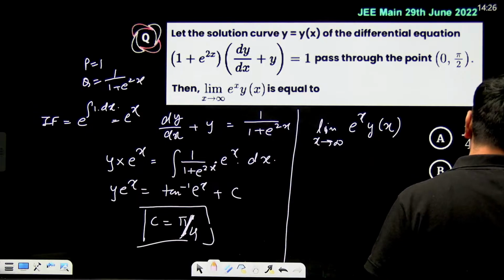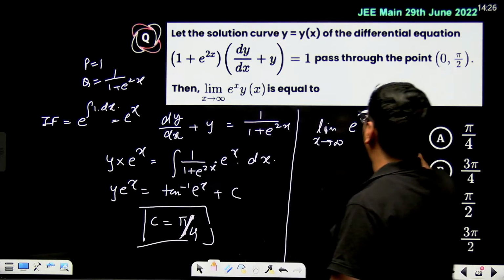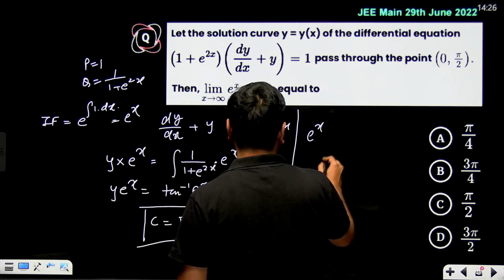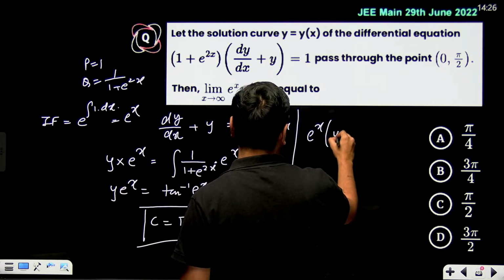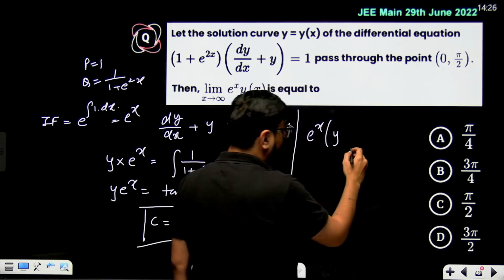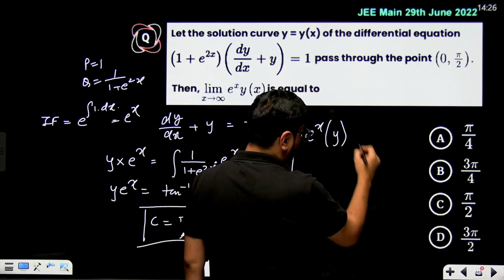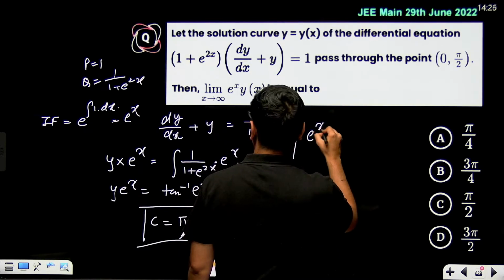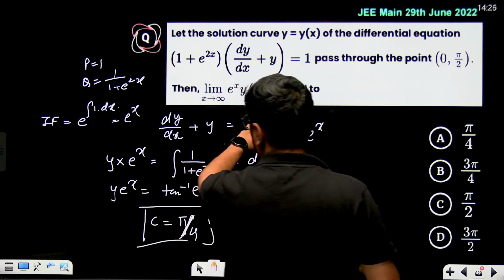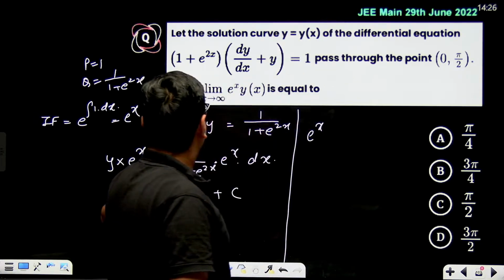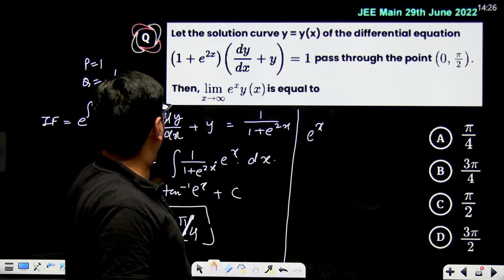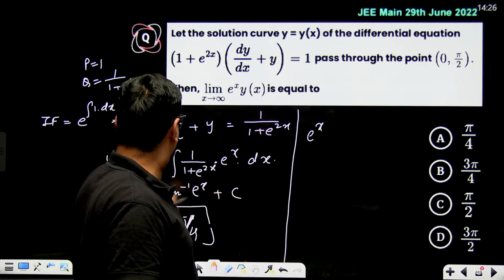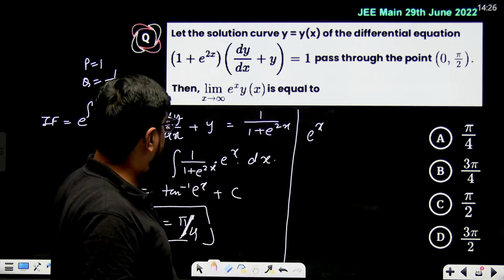Wait. E to the power x into y of x will become what? E to the power x into y of x, that means here we have to put y of x.